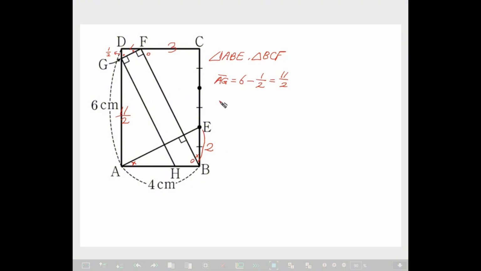So AH equals half of AG. 1 over 2 multiplied by 11 over 2 is 11 over 4. Finishing. Thank you.